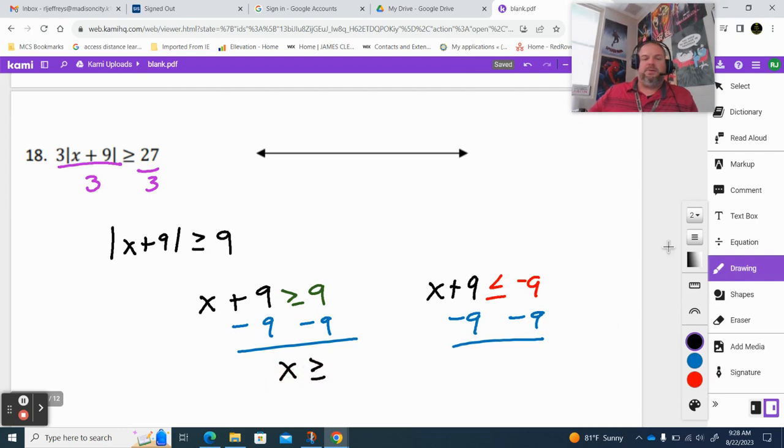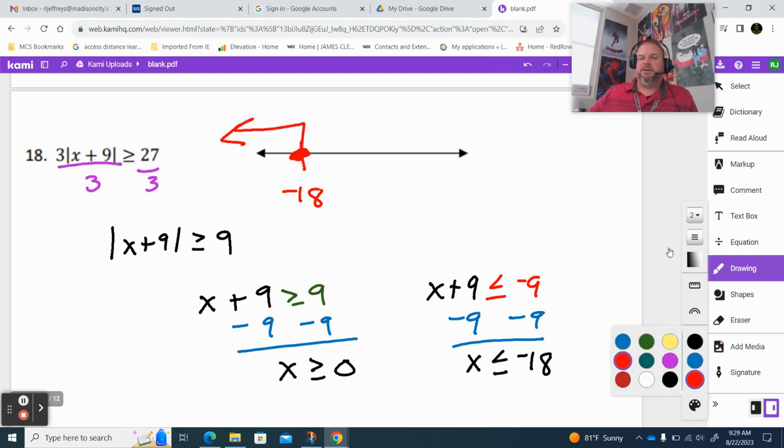X is greater than or equal to 0. X is less than or equal to -18. All right. So -18 is here. Closed circle, up and over. 0 is here because I say it is. Closed circle, up and over.